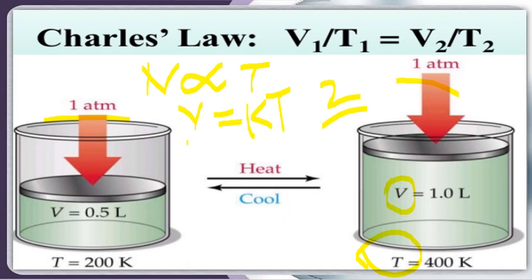We can also write it as V upon T equals K. Applying it for the initial conditions, you get V1 over T1, and for the final condition, V2 upon T2. Both are values of K, so you can write V1 over T1 equals V2 upon T2. This is the second form of this law, which is applied mostly in numericals, right?